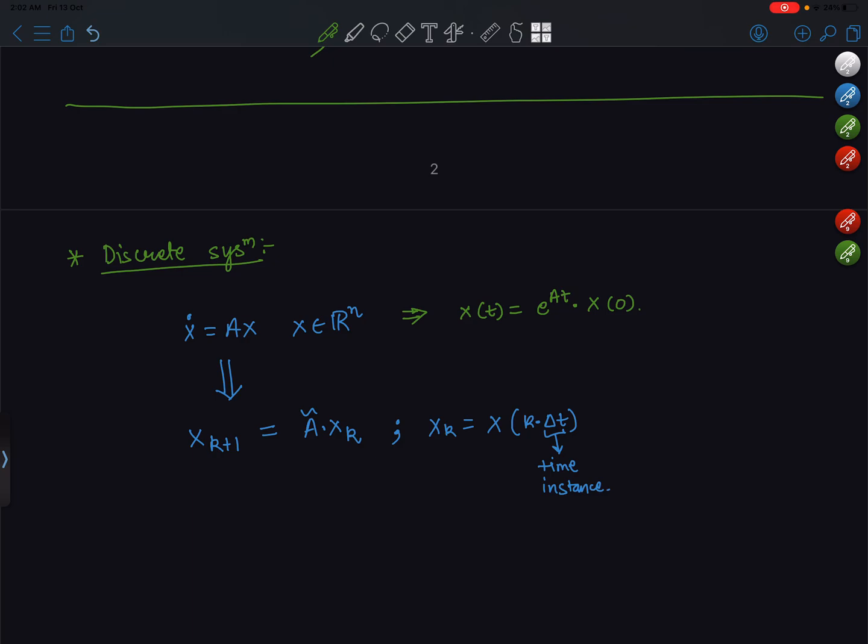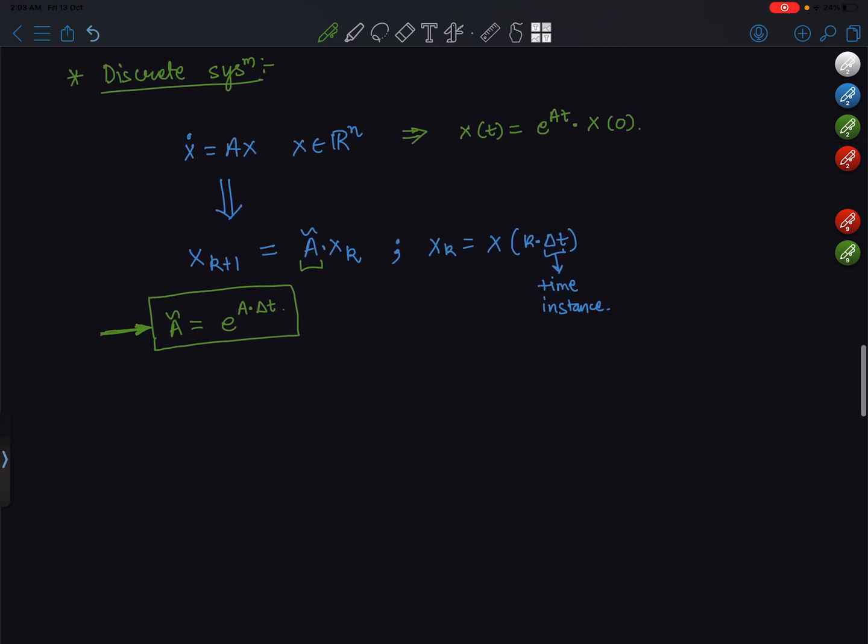In the same way, A tilde is e to the power A delta t. Even though we will not use this relation in determining the stability of the discrete system, it's good to know what the relation between A tilde and the actual A of the system is.